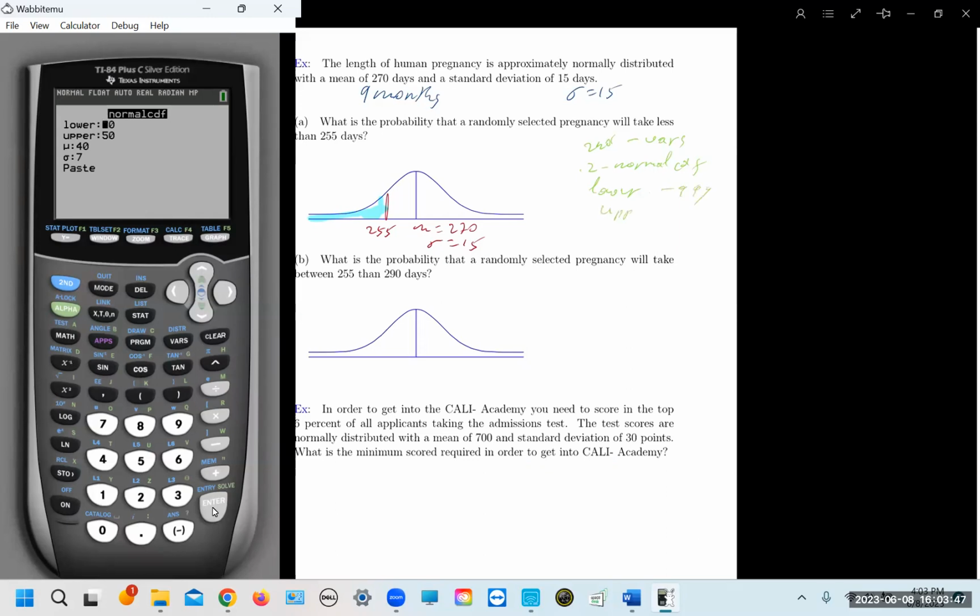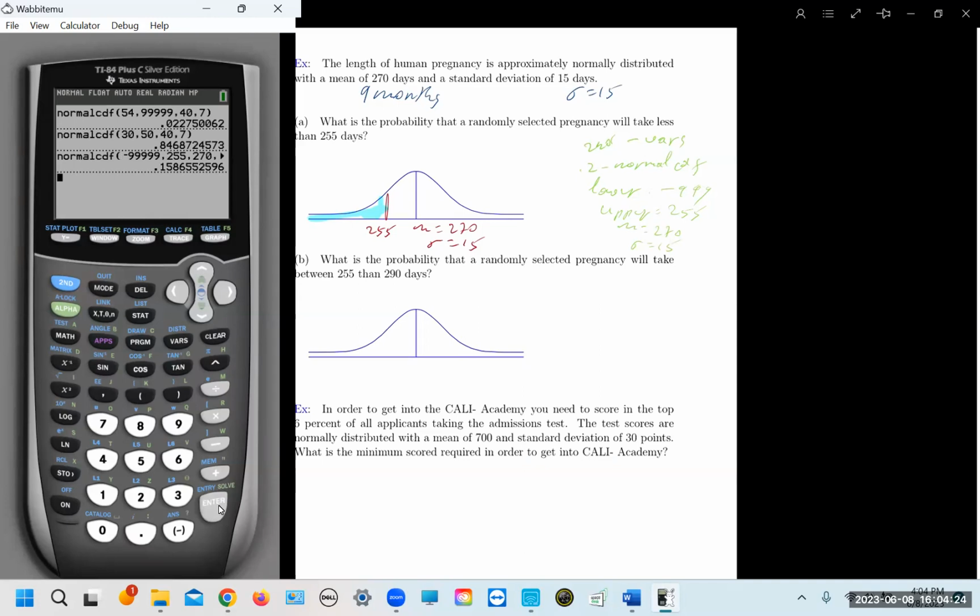The upper is 255, and the mu in here is 270, and the sigma right here is 15. Sigma is 15. So we can go page.